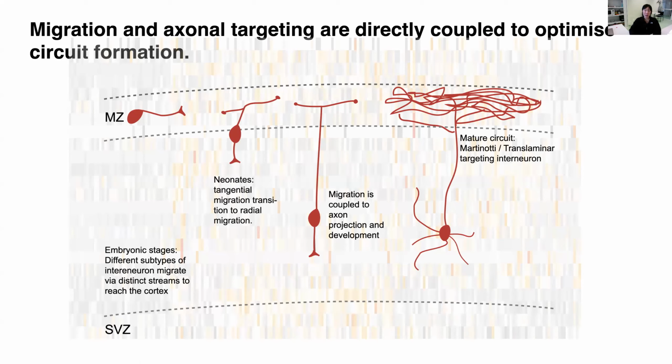And in the paper, which I'm not going to talk about, we also have a genetic model where we can perturb this migration, and we showed that indeed the axonal projections and the arborization are completely altered due to this mutation.